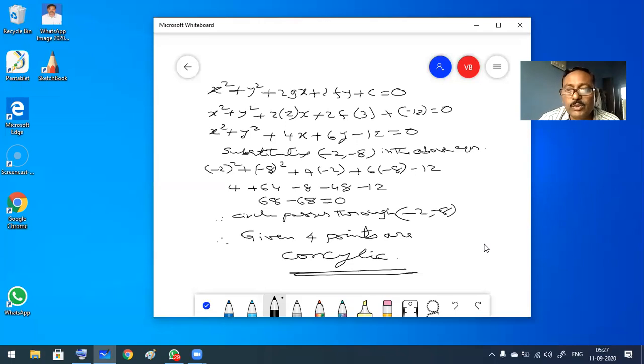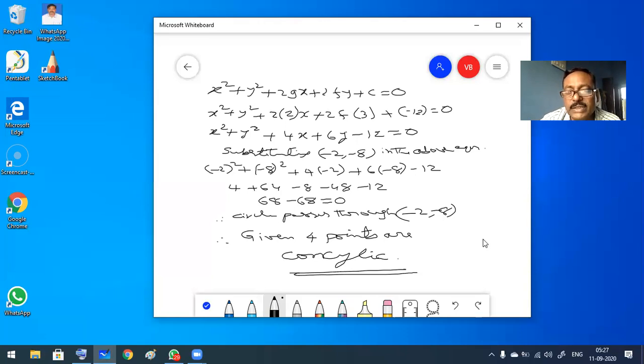For this, first we find the equation of the circle by using the first 3 points. After finding the equation of the circle, we substitute the fourth point in the circle.